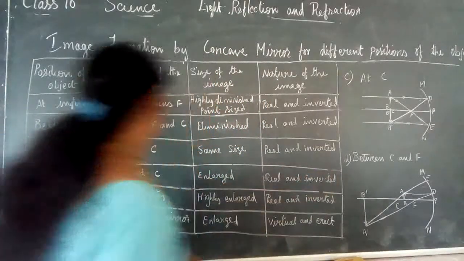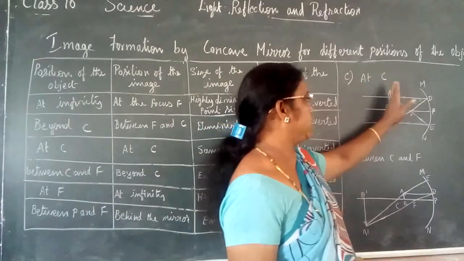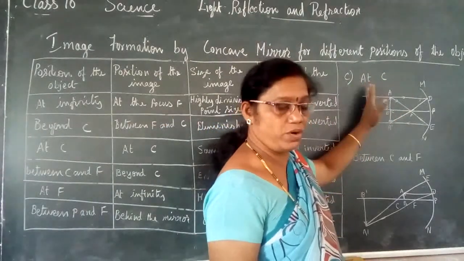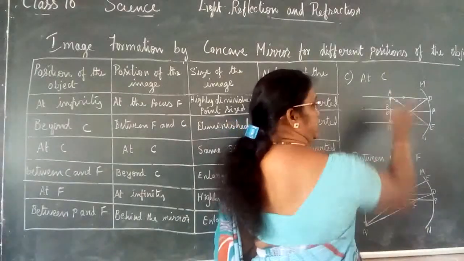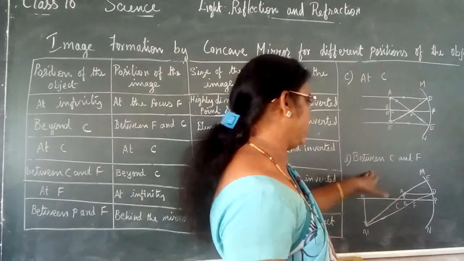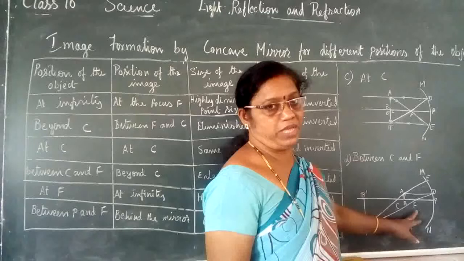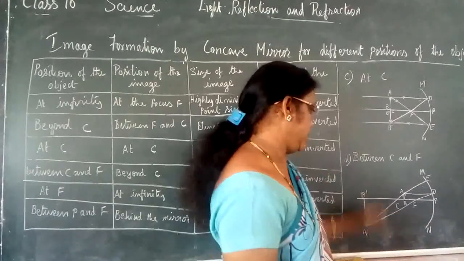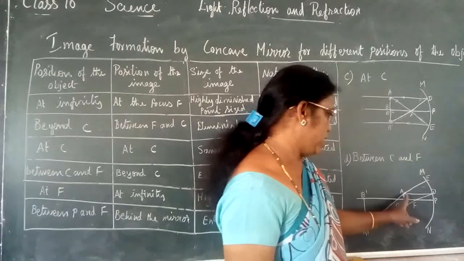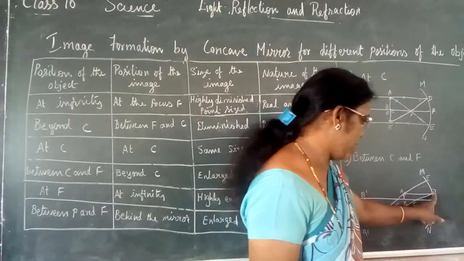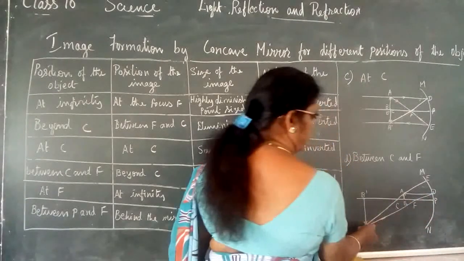The next case we are going to see is, now we kept the object first at infinity, then beyond C, then at C. Now we are going to keep the object between C and F. So here, when the object is kept between C and F, what type of image will we get? Let us see. Again, when we draw according to rule 1, the ray which is travelling parallel to the principal axis passes through the principal focus.